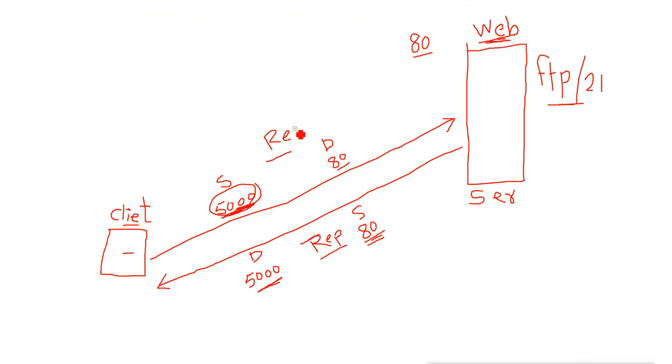I will block the request from this client to this server, and this is the packet going from this source to this destination, and the destination port number will always be 80. So we always mention only the destination port to make sure what we are trying to block. If I want to block the web server for this client, then I will mention the destination port as 80. If I want to block the FTP server for the client, then I will mention the destination port as 21.